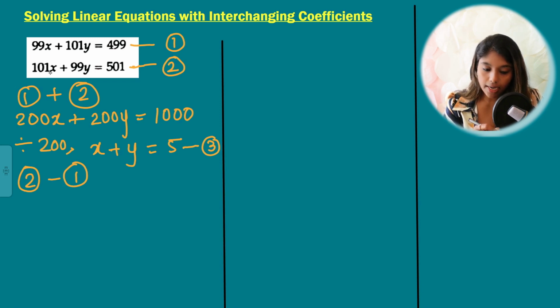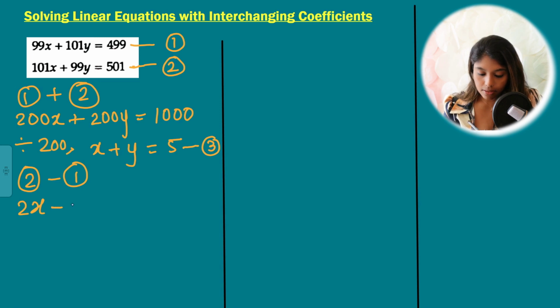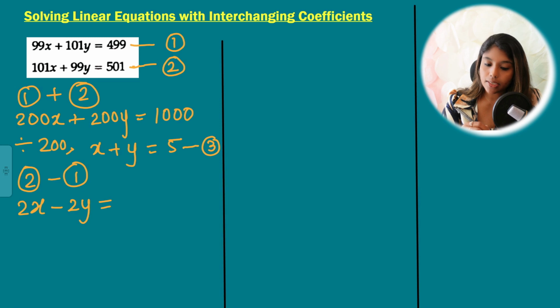So let's see. 101 minus 99x is going to give me 2x. And 99y minus 101y is going to give me negative 2y, because 101 is a greater number. So it's negative 2y equals 501 minus 499, which gives me positive 2.